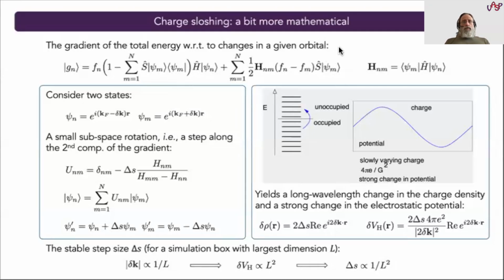This is also quite a bit hand waving, but a little bit more mathematical than what I showed you before. Let's consider that we have 2 free electron-like states, one slightly below the Fermi energy and one slightly above the Fermi energy. In that case, a small subspace rotation, a small step along this part of the gradient, will take the form that you see here.